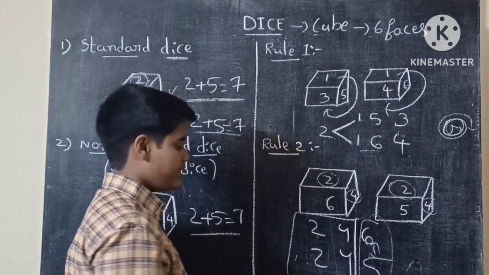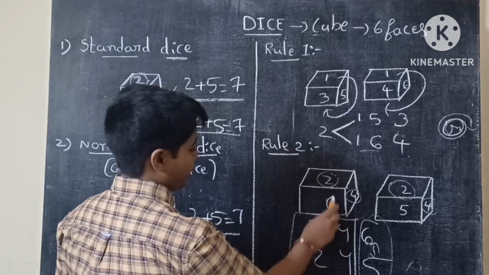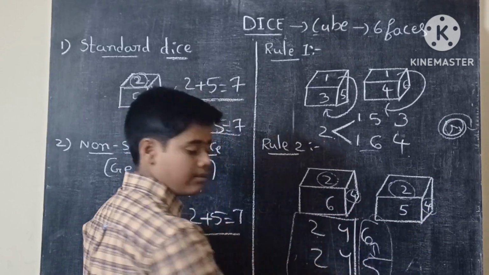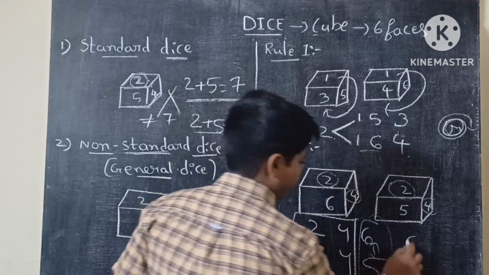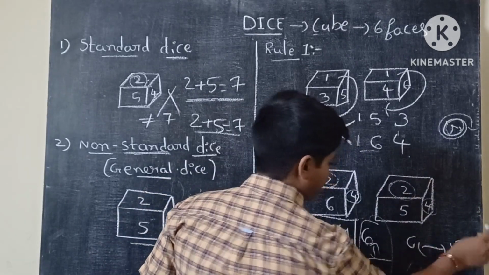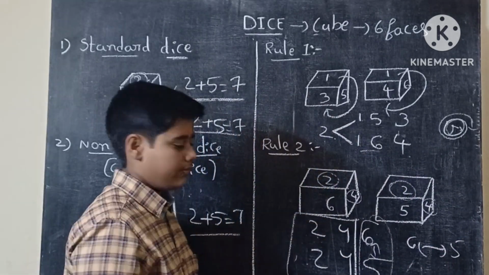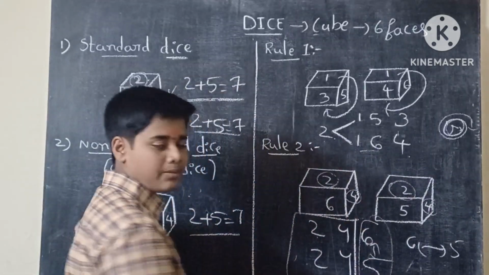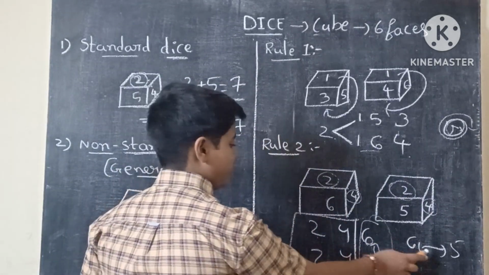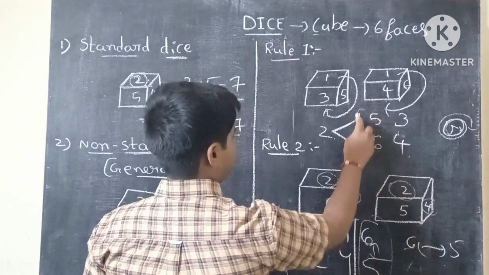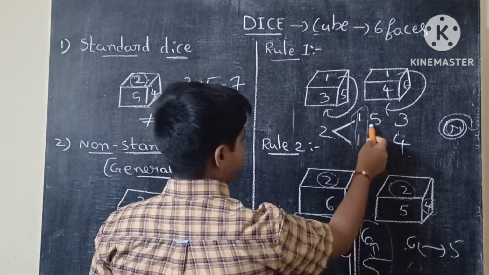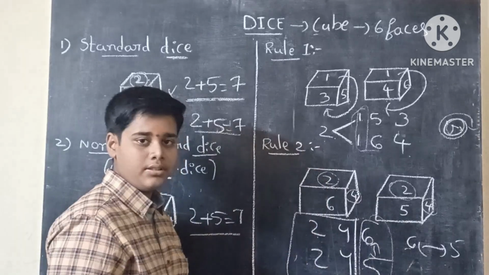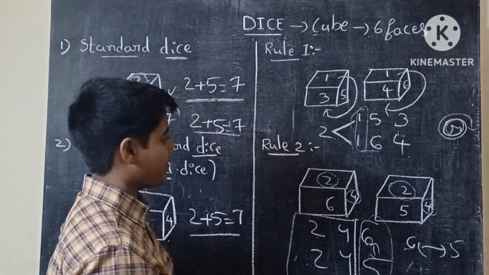I will explain again: if two numbers are common, the remaining two numbers are opposite numbers. 6 and 5 are opposite numbers. If they give two common numbers, the remaining set is opposite to each other. If they give one common number, the next two pairs are opposite. So these are the rules.